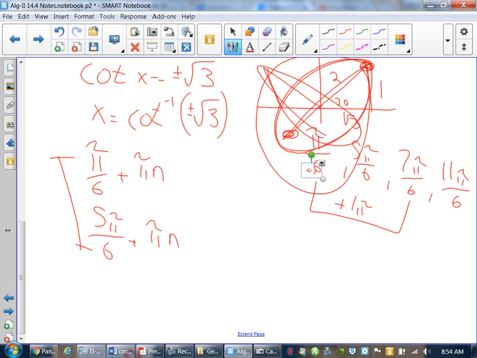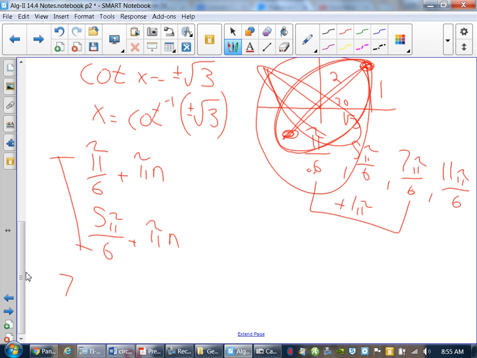How come you don't put 7 pi over 6 plus pi n? If I wrote that, it's still correct, but this just happened to be the first one that I saw. You don't have to list that one out, because if I add 1 pi to this, I end up at 7 pi over 6. This is more basic than that. This would be all answers within one revolution for pi over 6, 5 pi over 6, 7 pi over 6.